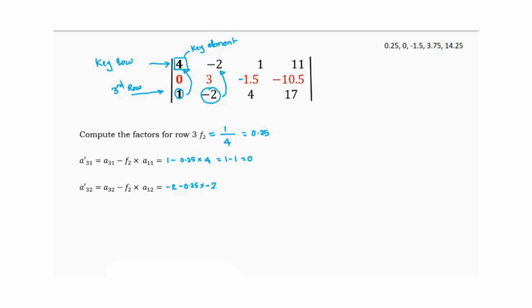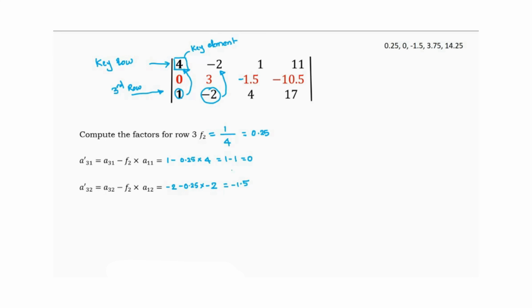Here you write -2, and this becomes plus 0.25 into 2, which is 0.5. So this is equal to -1.5.